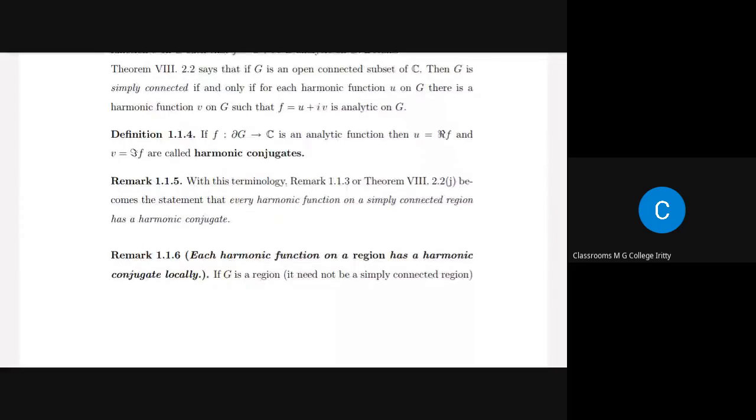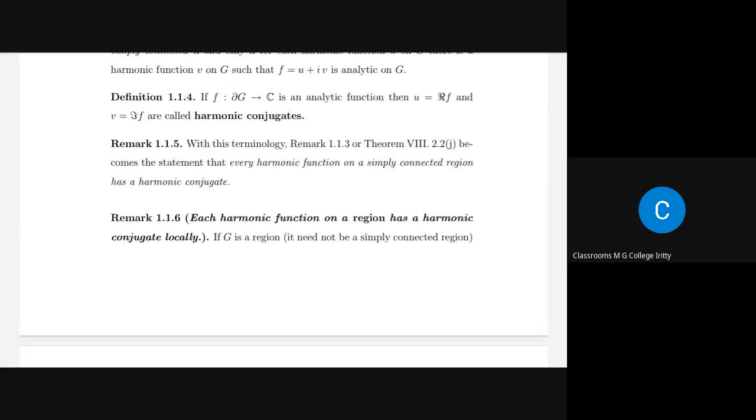Next remark says that each harmonic function on a region has a harmonic conjugate locally. Here, the region G is either simply connected or not, that is, simply connected or multiply connected. If it is simply connected, clearly by the above result, our statement holds.